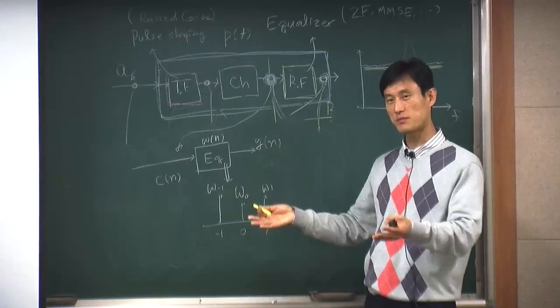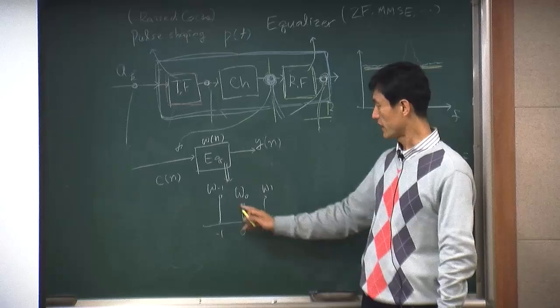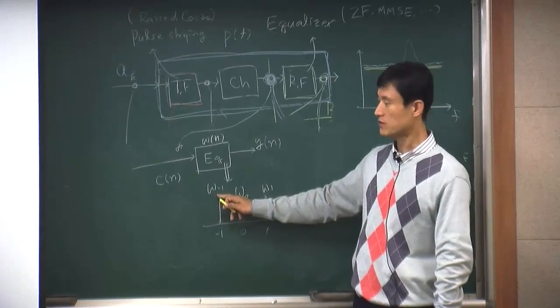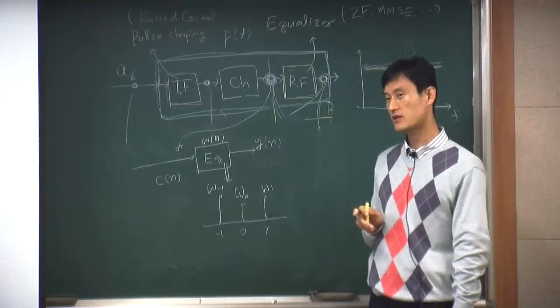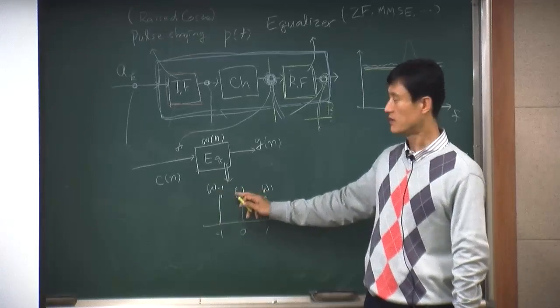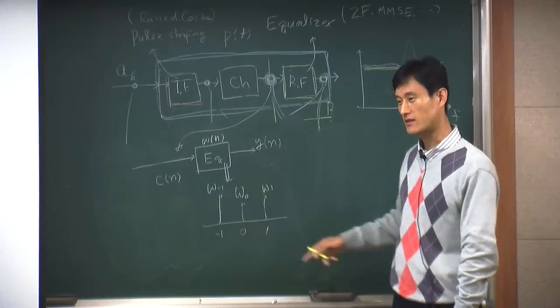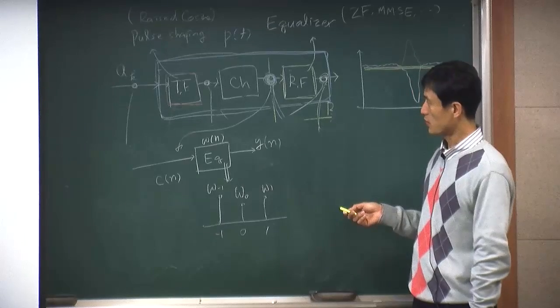To simply show you, I just picked 3 taps. Each tap has some coefficient: W minus 1, W0, W1, each of them a different value, and each one a complex value, A plus jB, C plus jD, something like that, right? So that's what we have.